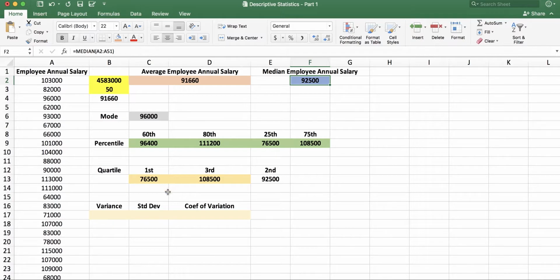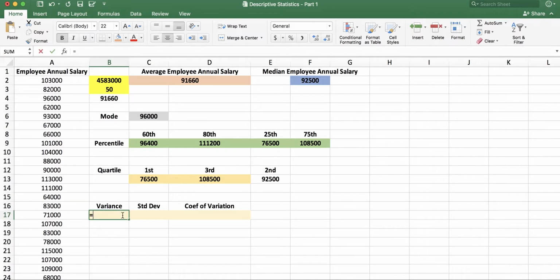All right. And last, let's look at some of the measures of variability. So variance has two components. One is the population and two is the sample. So it really depends on if your data is a sample data or a population data. So we are going to assume that this is a sample data.